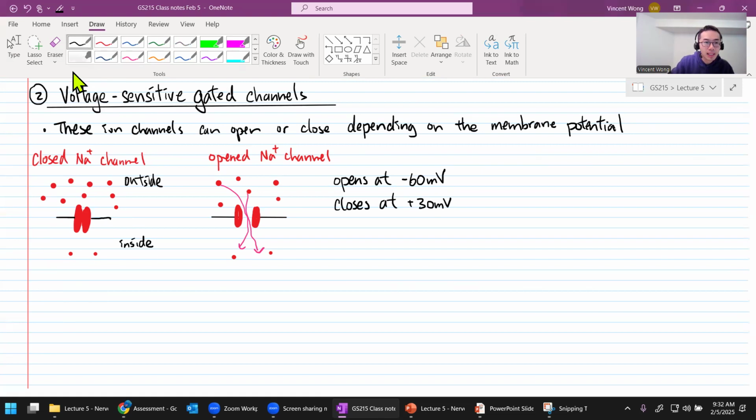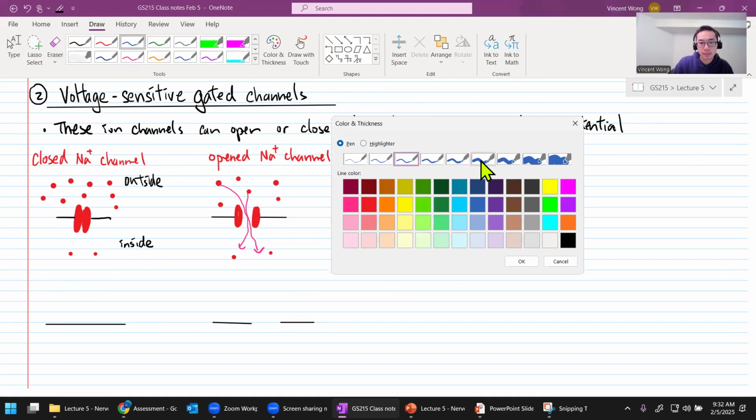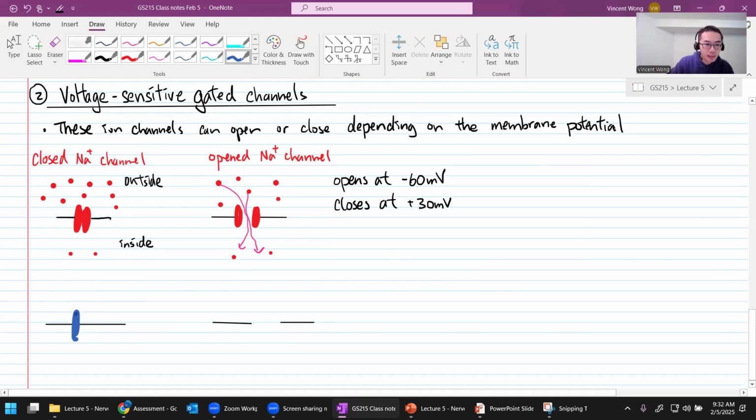Okay, so similarly, we're going to draw these things for the potassium. Potassium right here. Closed and open. And where do we have more potassium? More potassium outside or inside? That's right.